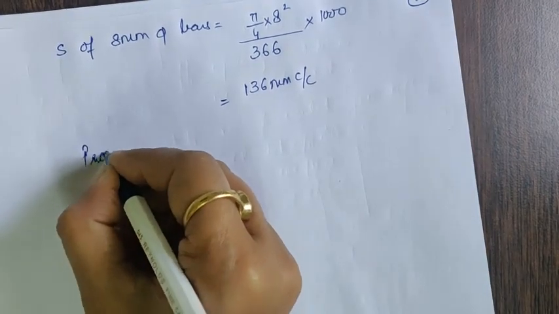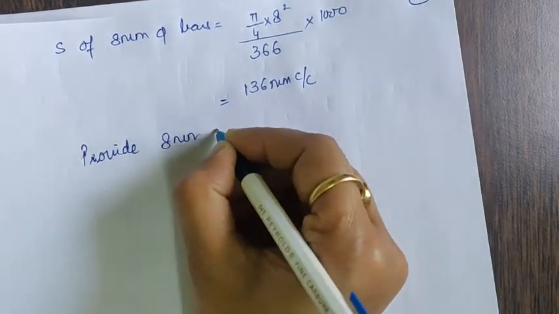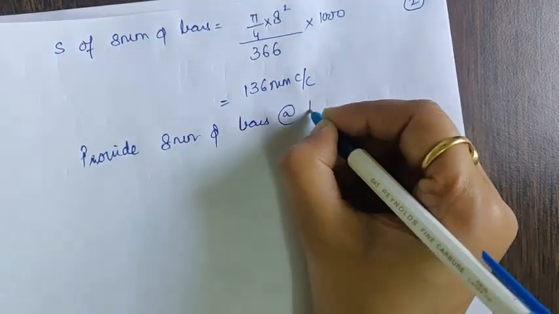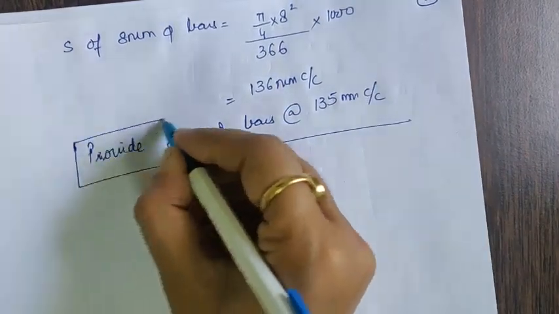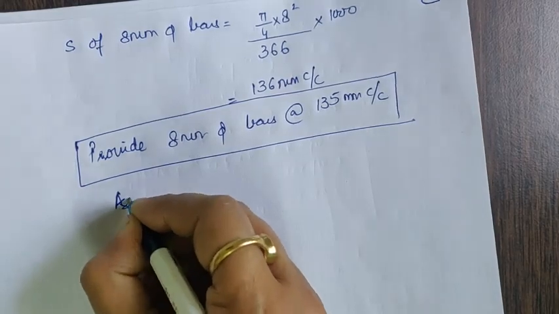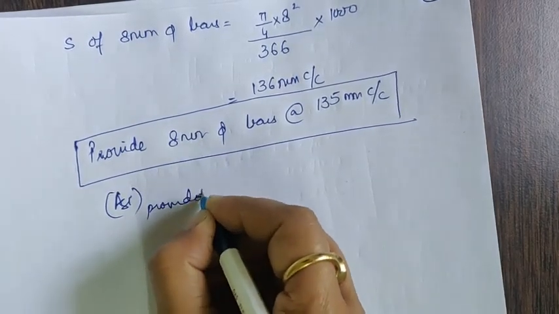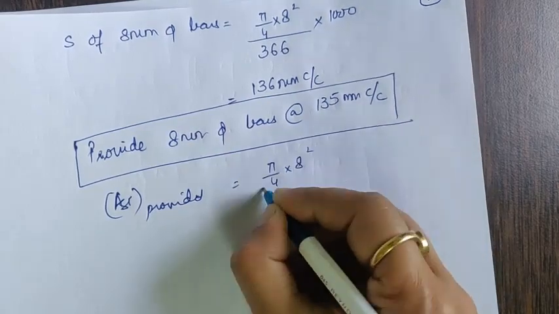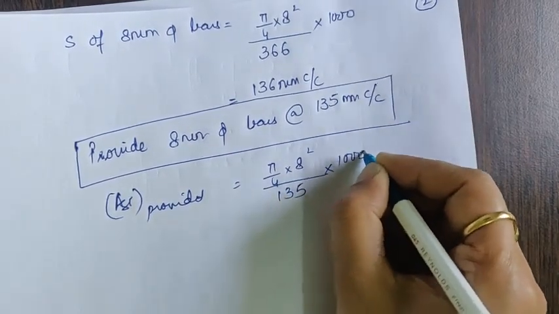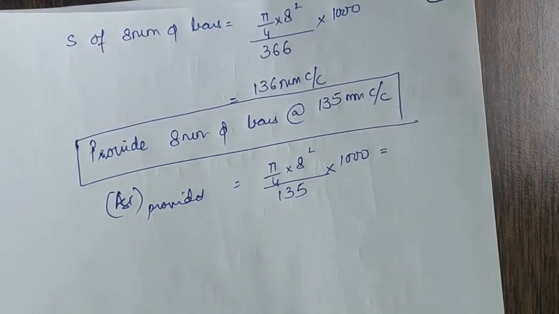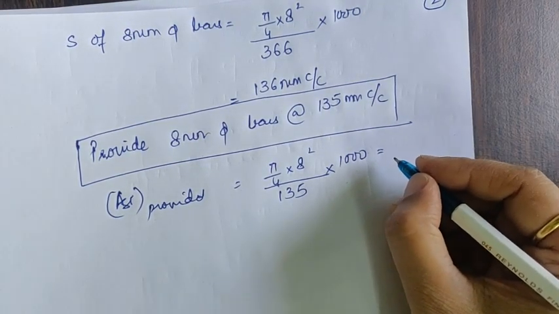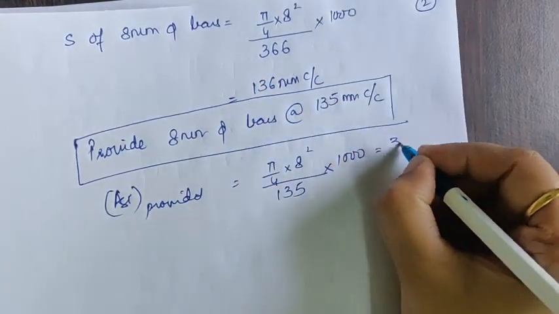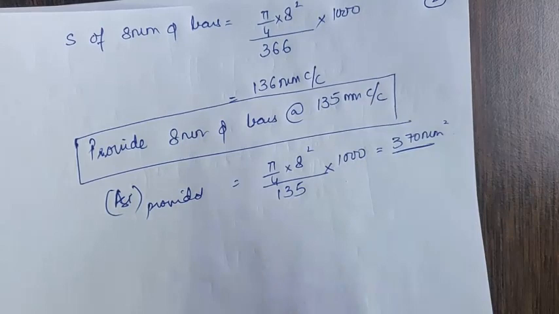So I am saying that provide 8 mm dia bars at the rate of 135 millimeter center to center. So Ast provided will become pi by 4 into 8 square upon 135 into 1000. So it is coming out to be 370. So instead of 366 millimeter square, we have given 370 millimeter square as the area.